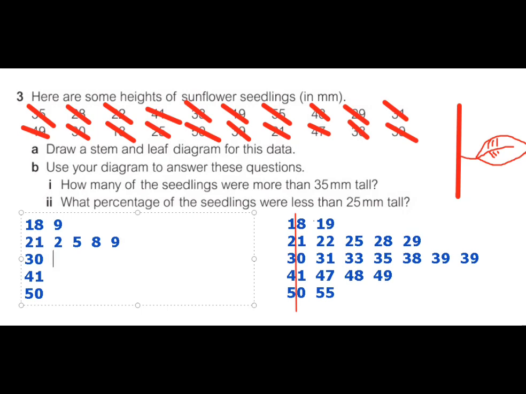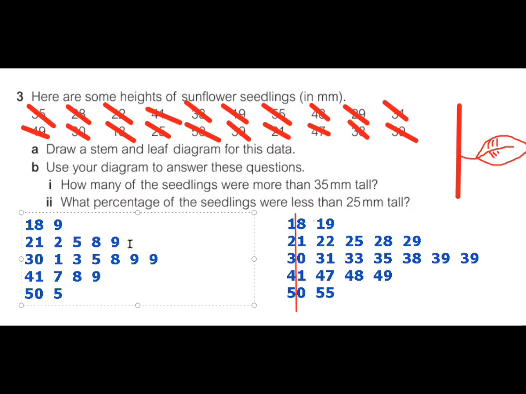So here I have 1, 3, 5, 8, 9, 9. And here next to the 41, I'll have 7, 8, 9. And then the last one, I already have the 0, so I'm going to write the 5.